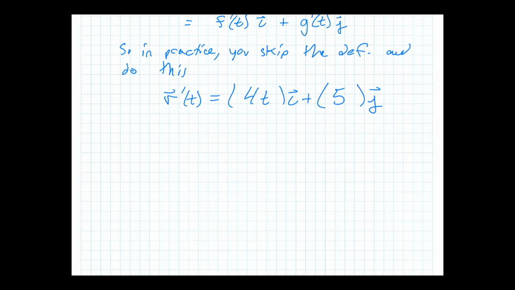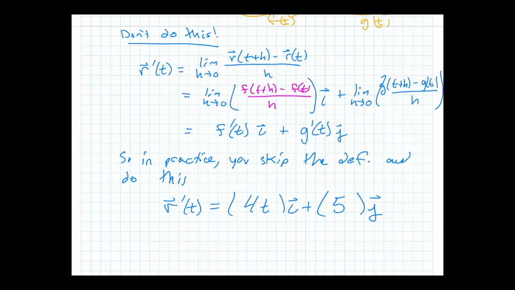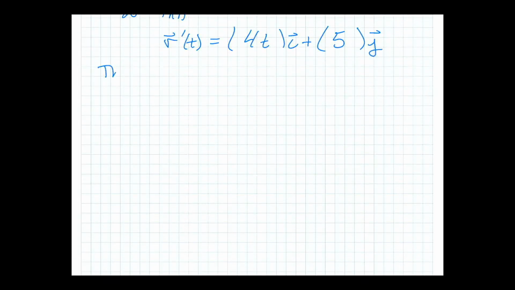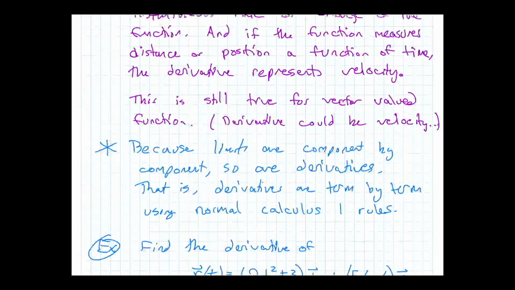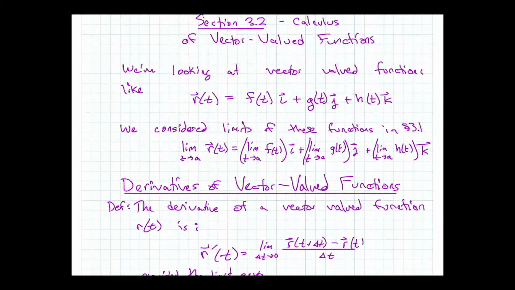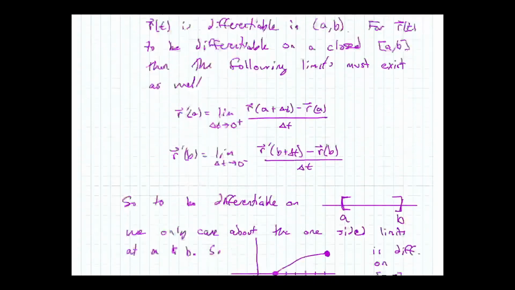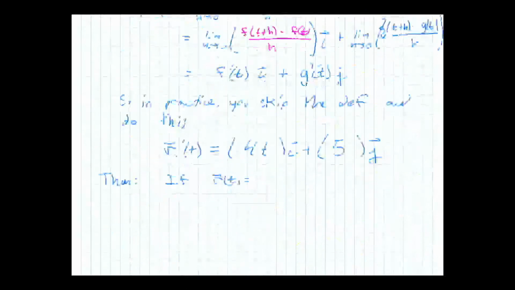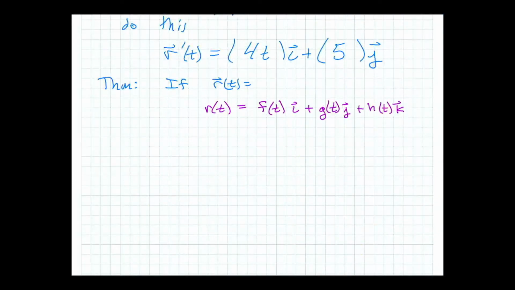So they write this as a theorem. They'd say if r of t equals f of t, g of t, h of t, all right.